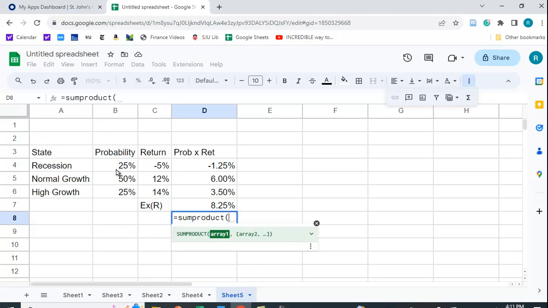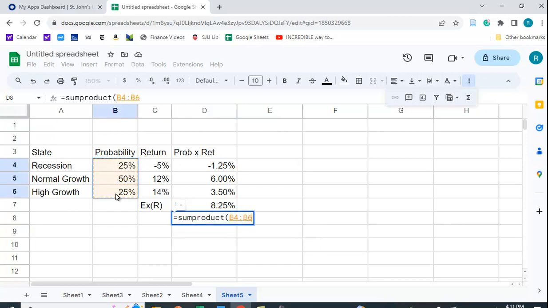We would say we want to take this array times this array. This is going to multiply this times this, add it to this times this, and then add it to this times this. We should get the same answer. And sure enough, we get 8.25%, or you can put this in percentage terms, and we get the same value.